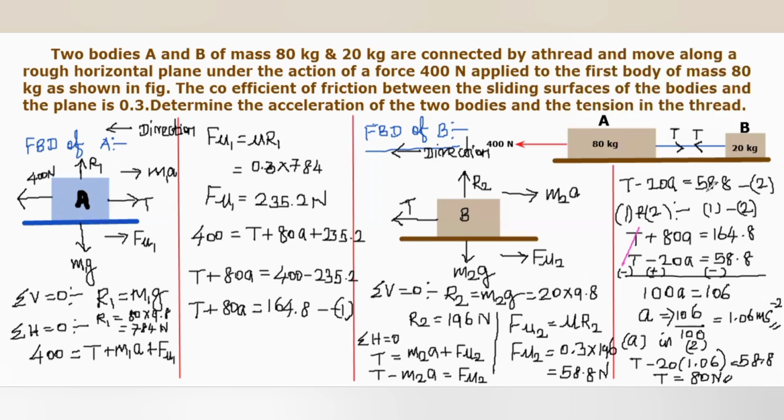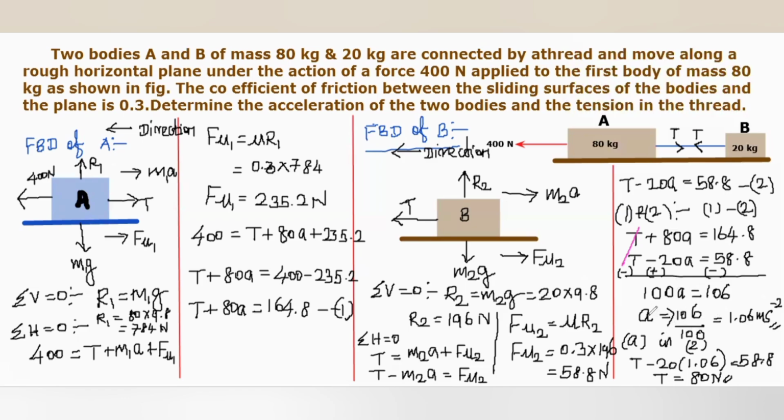By considering and solving the forces acting on A and B separately, we got two equations with the two unknowns, tension and acceleration, which is the final requirement of this numerical. By solving 1 and 2, that means first equation minus second equation, cancelling the T, we got the value of acceleration.